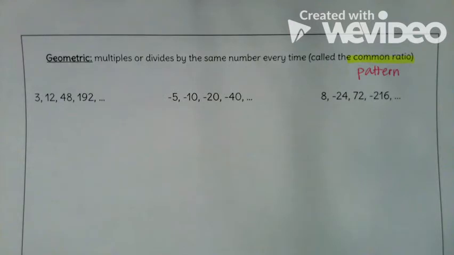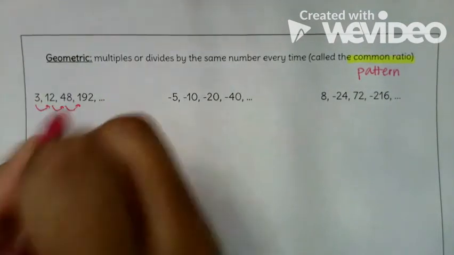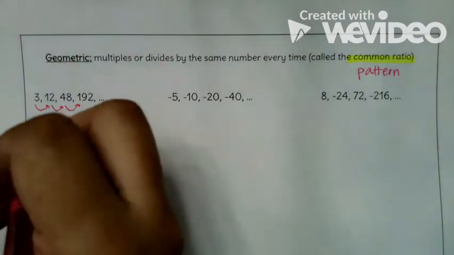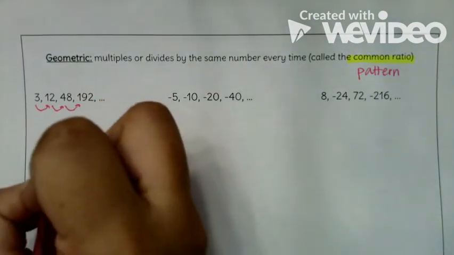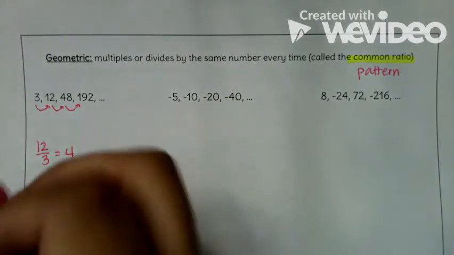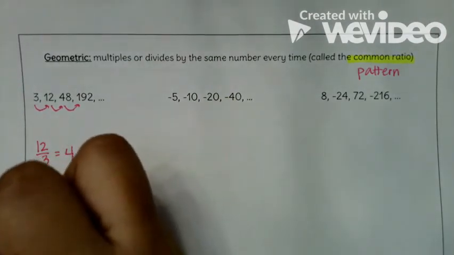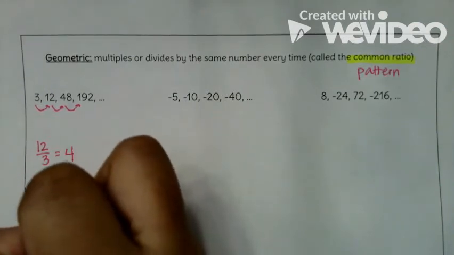So if my sequence is 3, 12, 48, 192, to figure out how to get my next term, I'm going to take 12, divide that by 3, and that gives me 4. And then I'm going to move to the next term. So I have 48, and when I divide that by the previous 12, I also get 4.